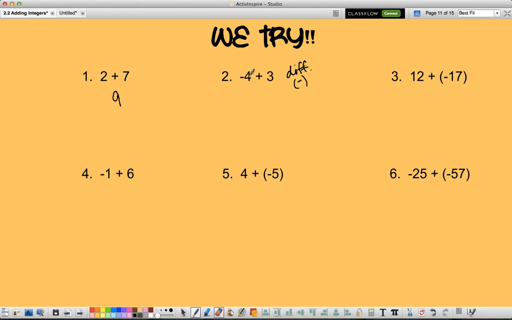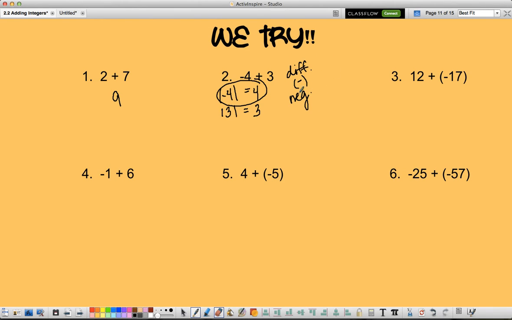I don't have enough positives to undo my negatives, so I know my answer should be negative. Or I can look at my absolute values. It's the same idea, it's just looking at it different ways. The absolute value of 4, or of negative 4, is larger than the absolute value of 3, so my answer has to be negative.